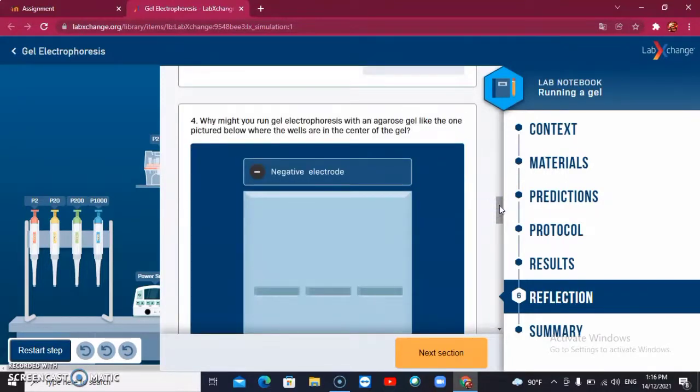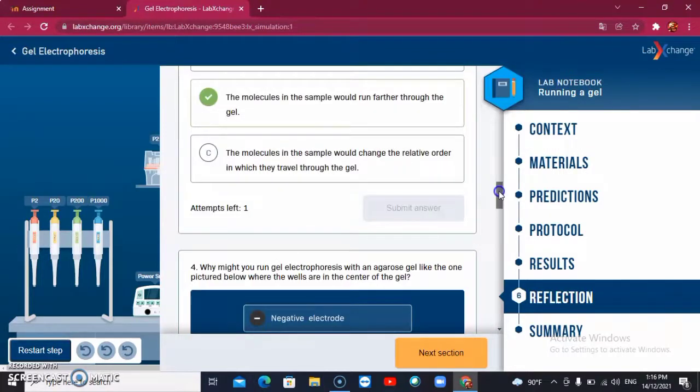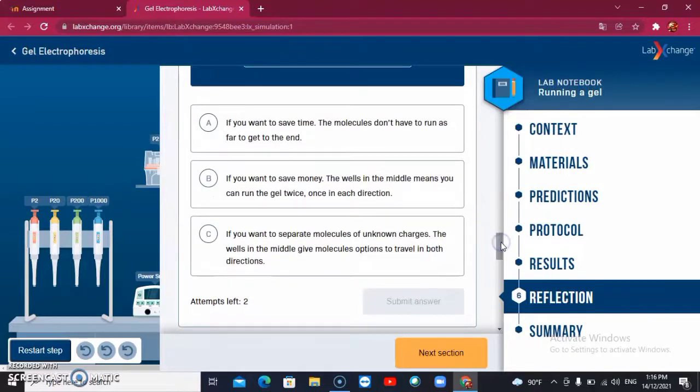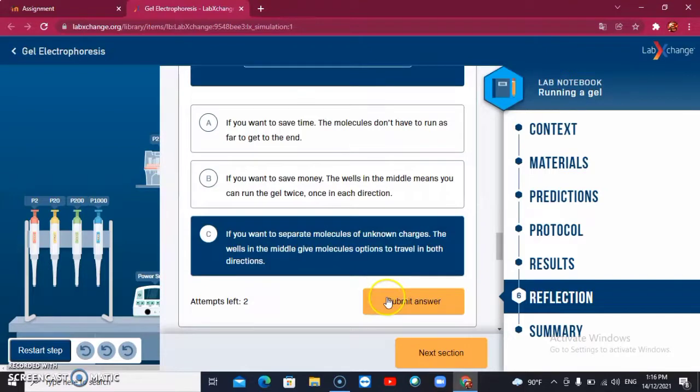Why might you run the gel electrophoresis with an agarose gel like the one pictured below, where the wells are in the center of the gel? If you want to separate molecules of unknown charges, the wells in the middle give molecules the option to travel in both directions.